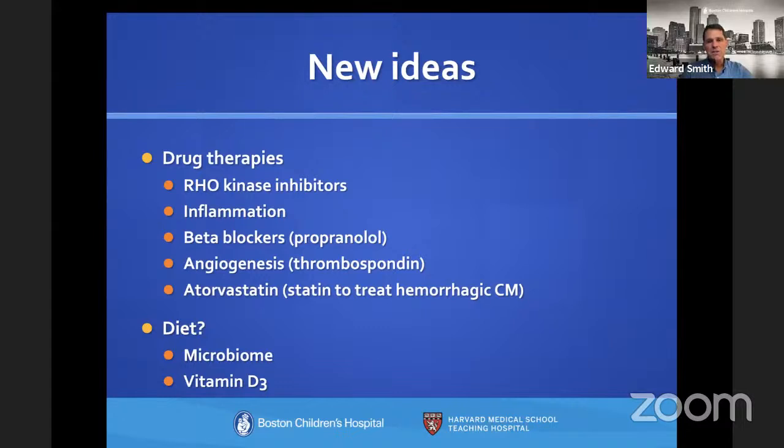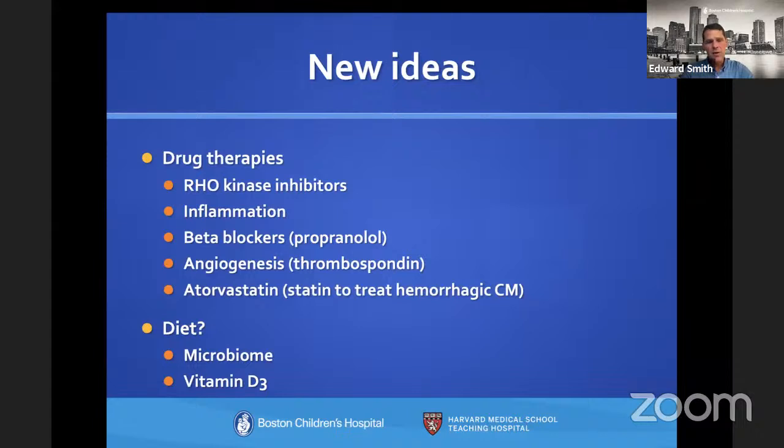Essentially, mutations in CCM1 and 2 jack up the activity of Rho kinase. It's overactive, leading to these endothelial cells contracting abnormally and moving around. And so creating these inhibitors has been incredibly hopeful as a drug therapy to reduce the growth, increase the strength, and reduce the bleeding of these.